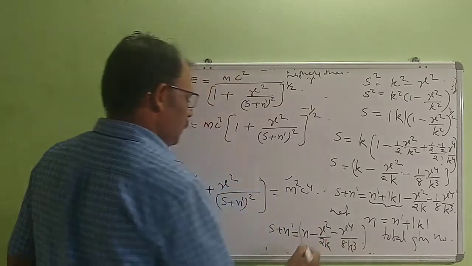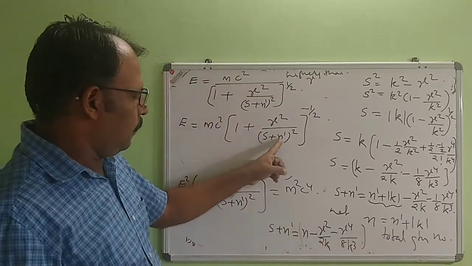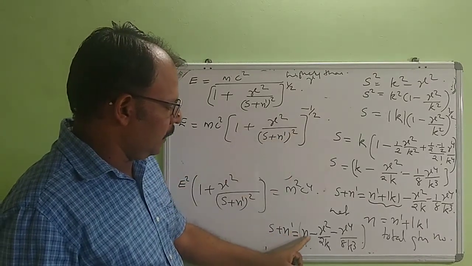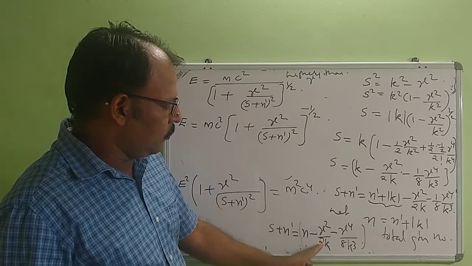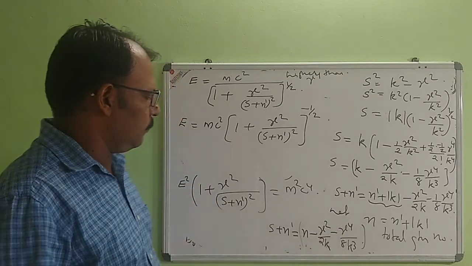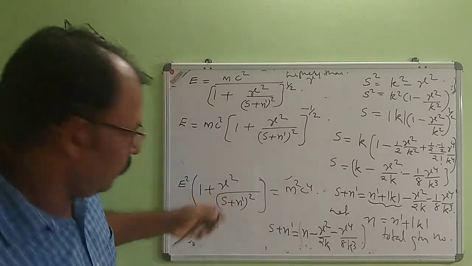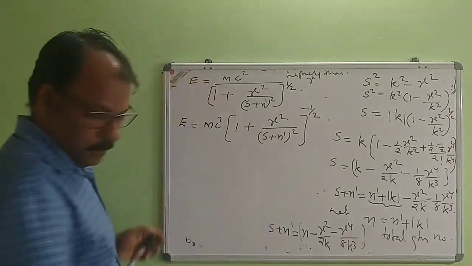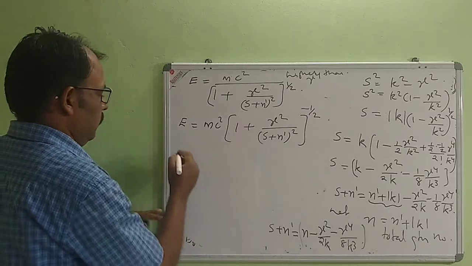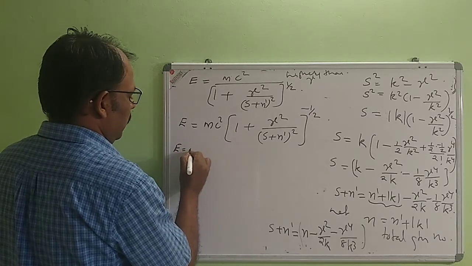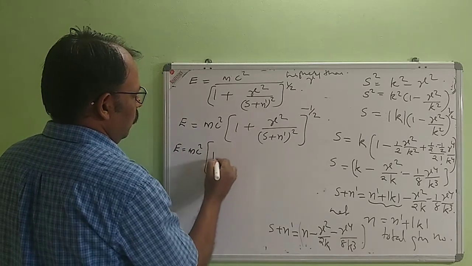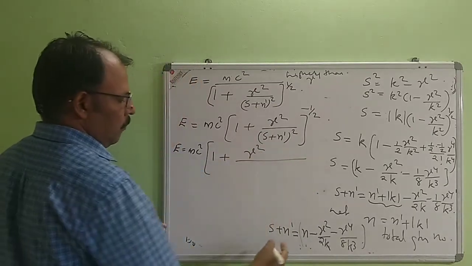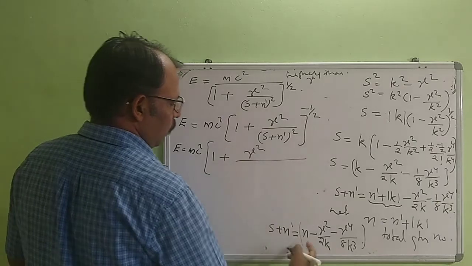So this term s plus n prime, the whole square, I am taking it as n minus gamma square by 2k minus gamma raised to 4 by 8k cube. Therefore the expression for energy becomes, we can substitute E equal to mc square into 1 plus gamma square by s plus n prime the whole square.